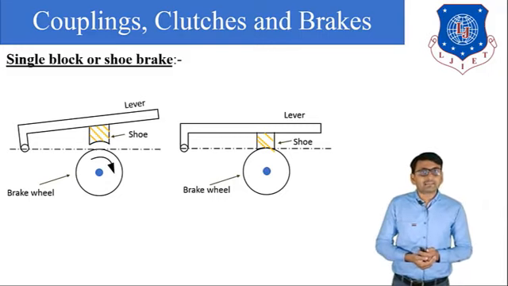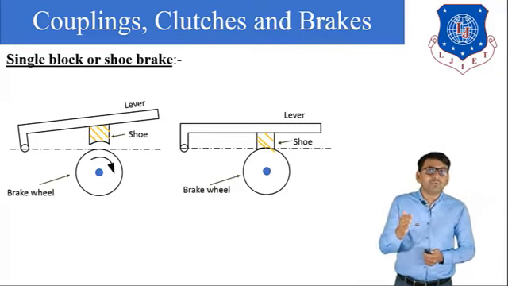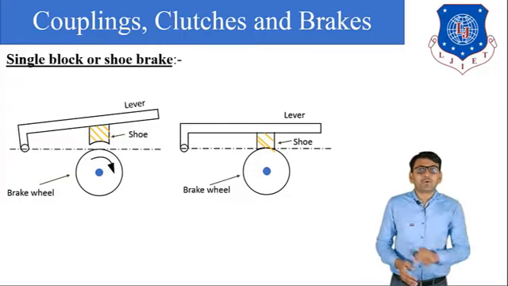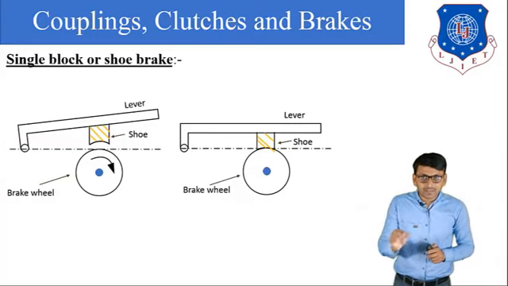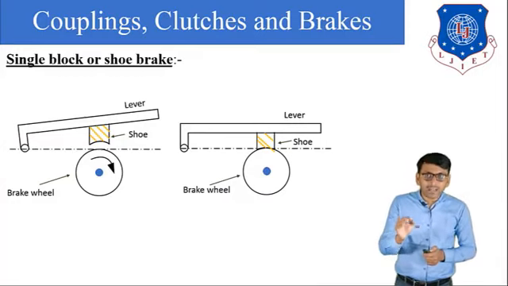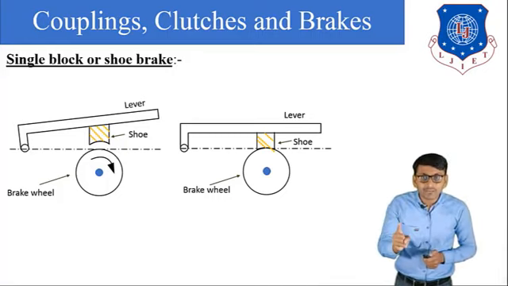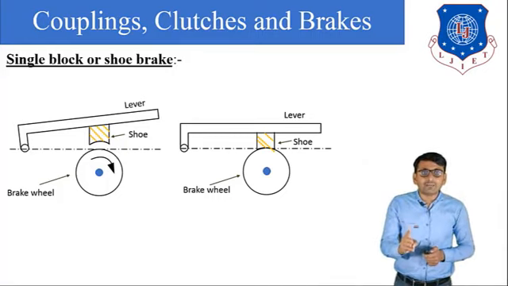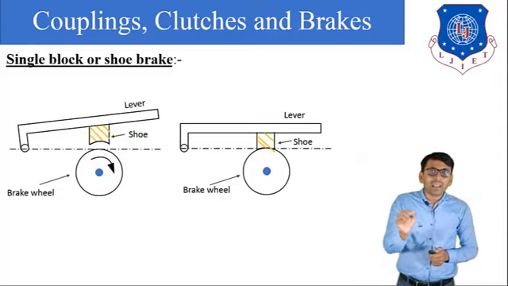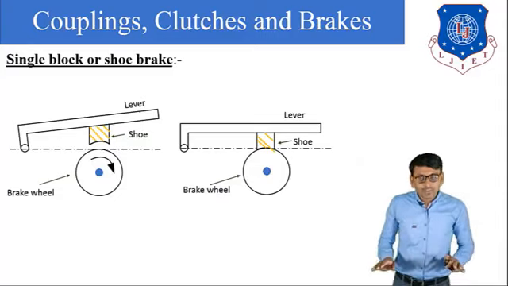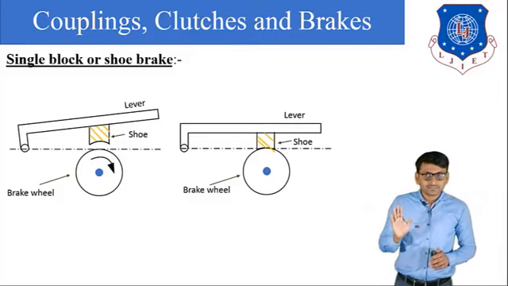When there is a disconnection between shoe and moving wheel, the wheel continuously rotates at proper speed. But when the brake is applied, force acts on the lever, so there is a connection between shoe and brake wheel, and the rotation of the wheel stops due to friction.